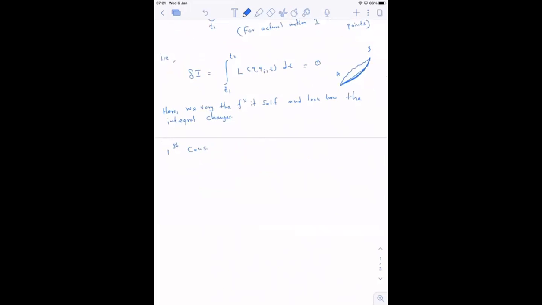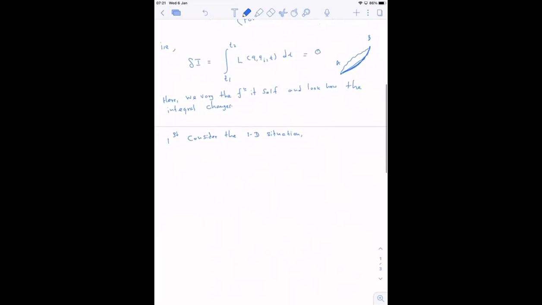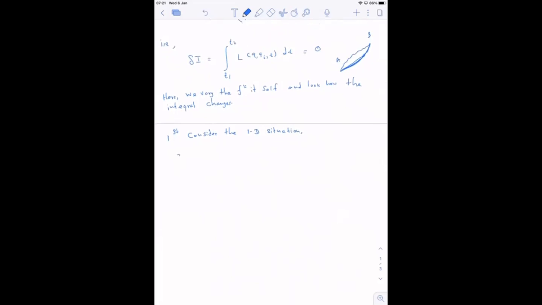So let's first consider the one-dimensional situation and consider a function y(x). So basically y is a function of x.